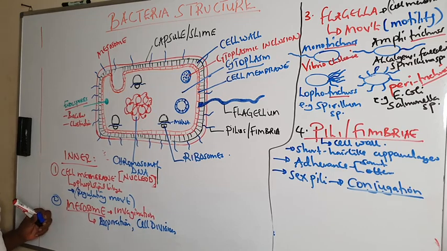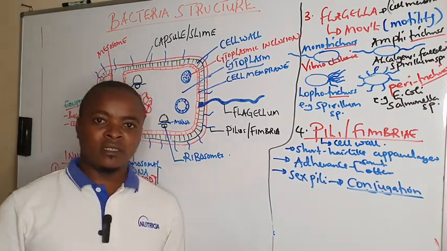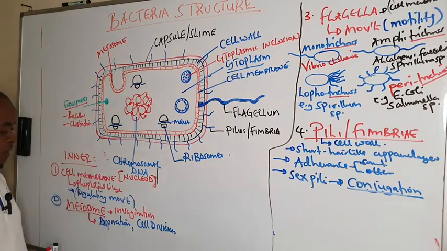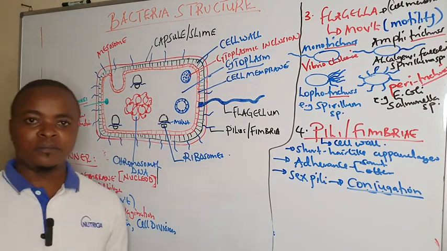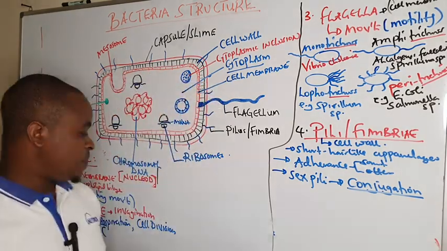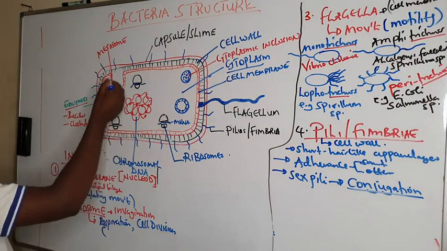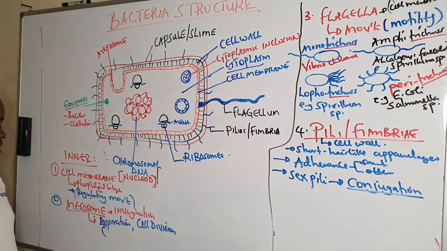These are the major functions of the mesosome: respiration and cell division. In eukaryotes, we have mitochondria. So this acts like a mitochondrion, because we know that in mitochondria is where we find respiration. So the mesosome is being used as a mitochondrion, which is an invagination.